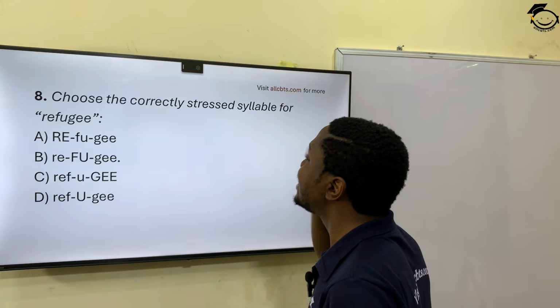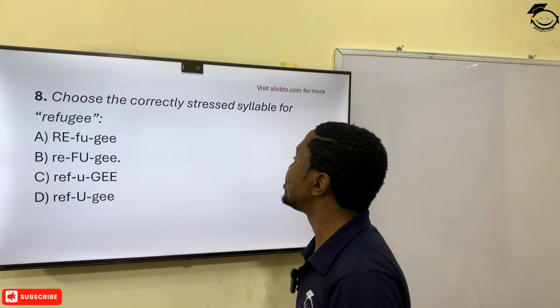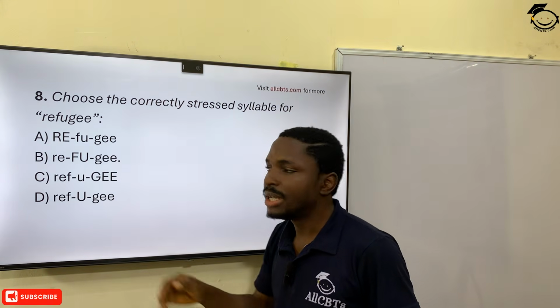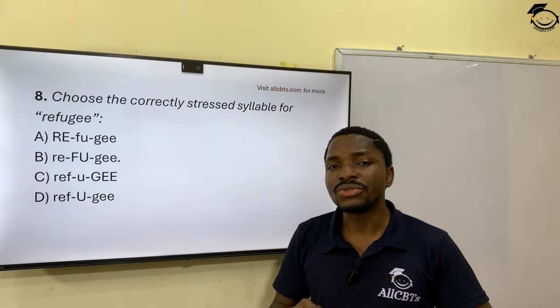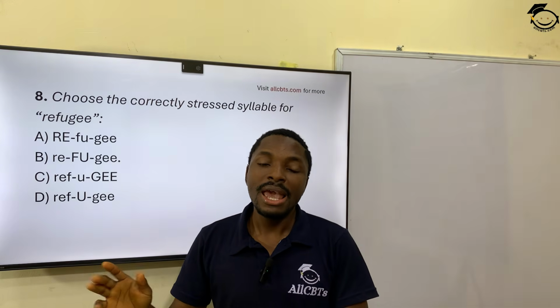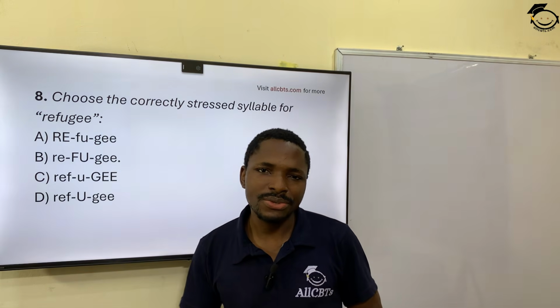Let's go to question 8. Choose the correctly stressed syllable. So now we're on stress. We're taking a question on stress. For refugee. Now, the best way to answer a question on stress is that you put it in syllables. And if you don't know the word, you will not be able to answer the question.